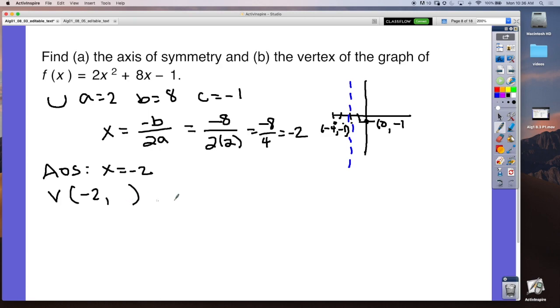3 famous words. What are we going to do? We're going to plug it in. Good.